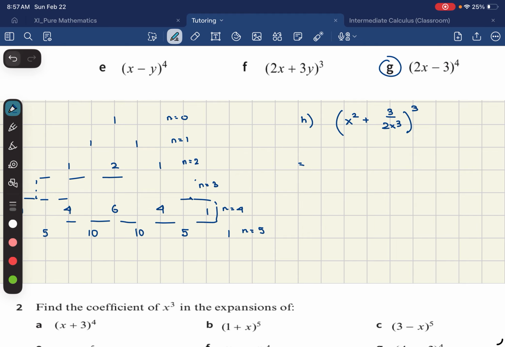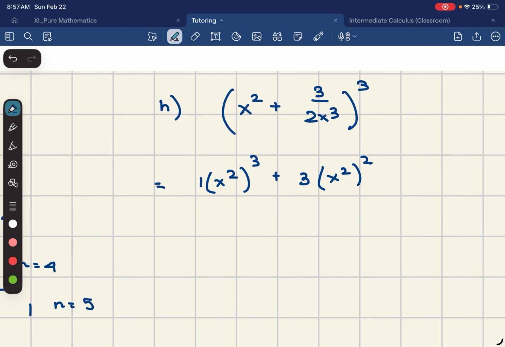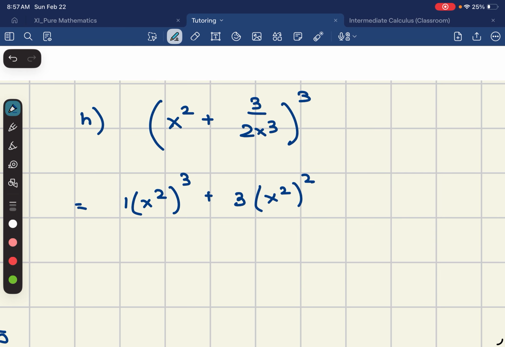Let's start with 1, and then you start with x squared cubed. Your next coefficient is going to be 3. The power of x squared decreases by 1, so initially it was 3, now it's 2. So you take x squared to be a and this to be b. You can actually do it in terms of a and b first, and then substitute a is equal to x squared, b is equal to 3 over 2x. That is also perfectly fine.